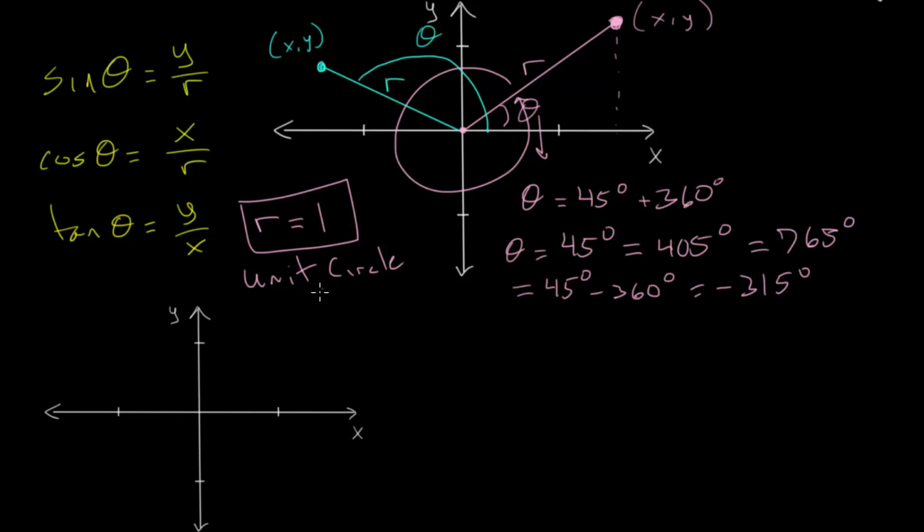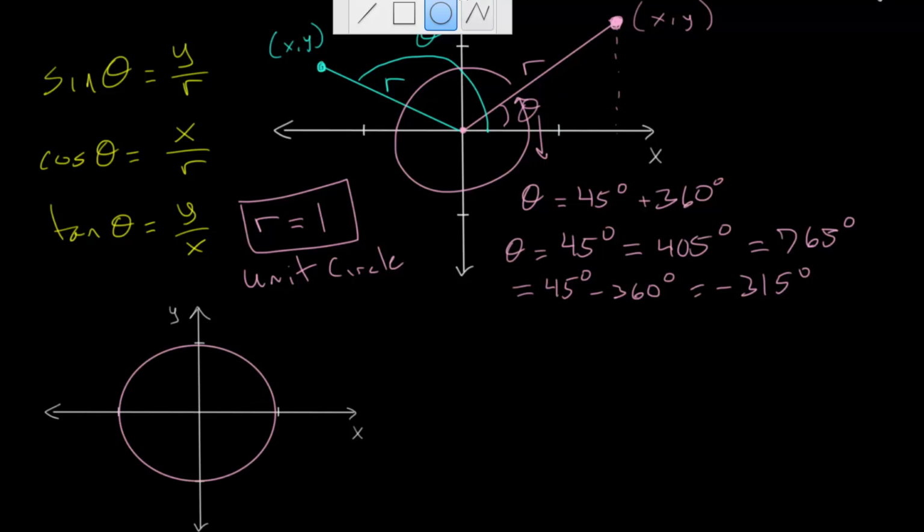And we call it the unit circle since now our ray is fixed at a distance of 1. But if we were to essentially trace that out for all angles, I'm not doing it perfectly, but we would essentially create a circle centered at the origin where that circle has a radius of 1.